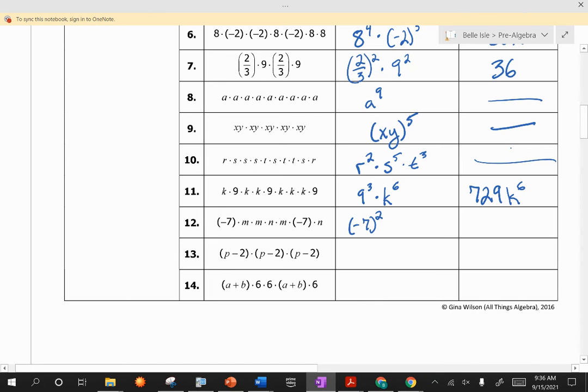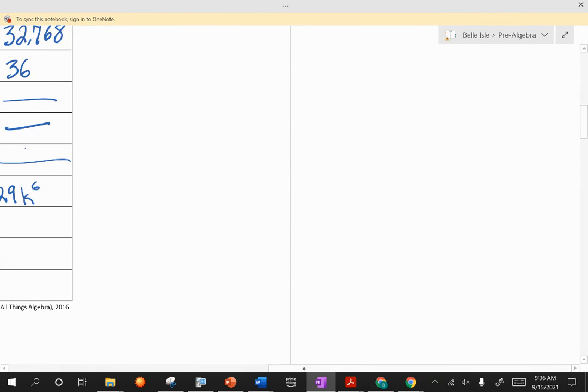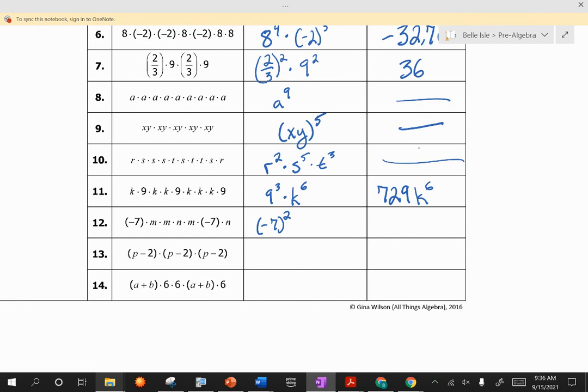To the 2nd power times m cubed times n squared. So we can put something in the value column.